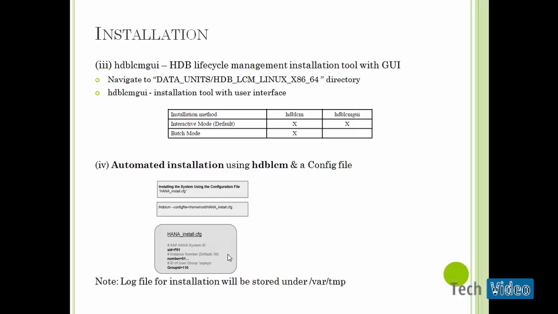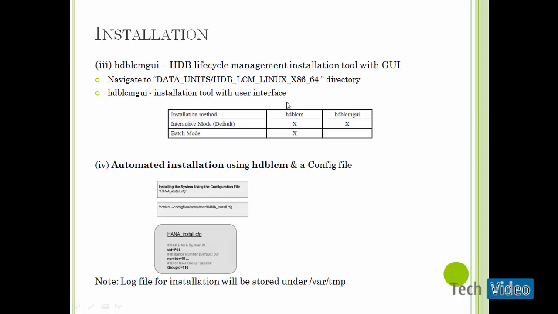Our next installation tool is HDBLCM GUI. This is again a part of the HDB Lifecycle Management installation toolkit, but with a GUI option. Here again you have to navigate to the same HDBLCM package under data units and you will see the installer file called HDBLCM GUI. This offers the user interface.